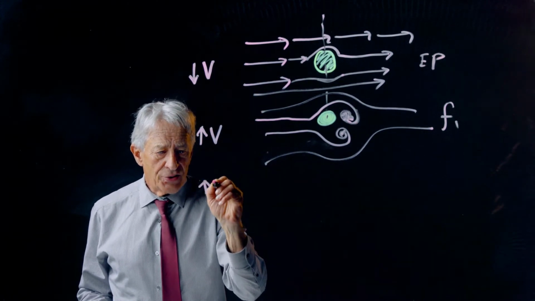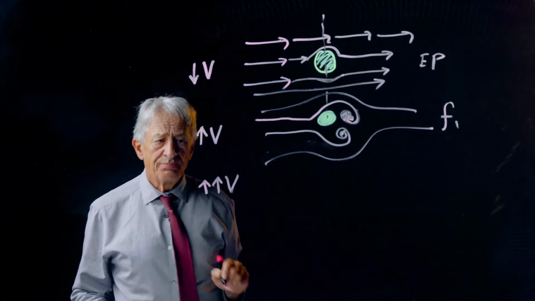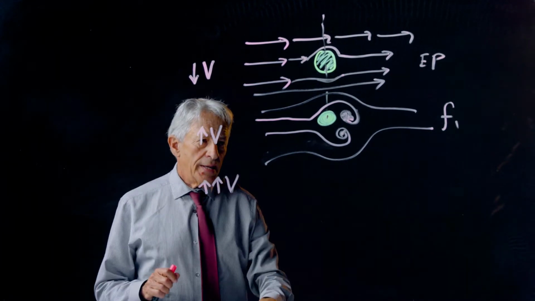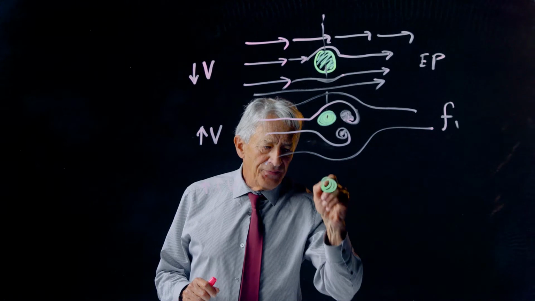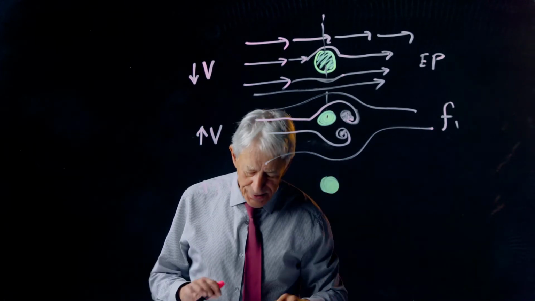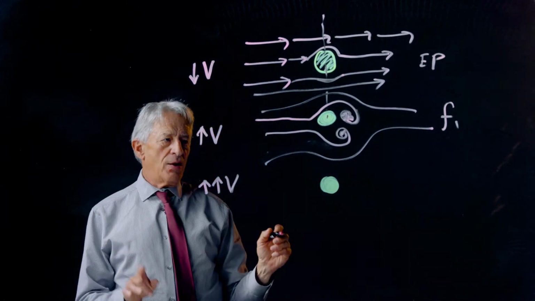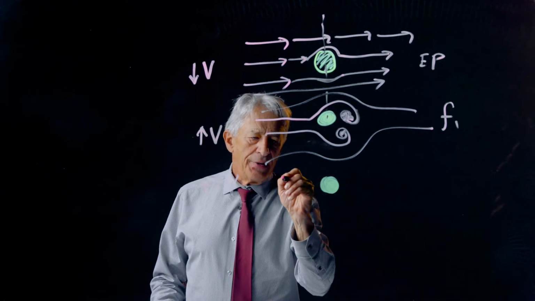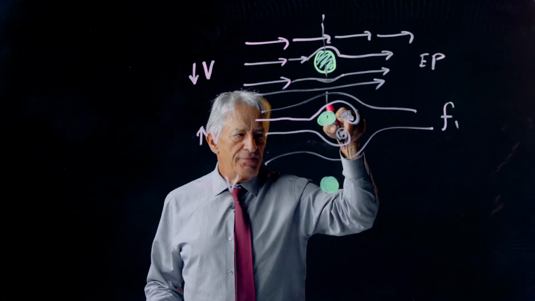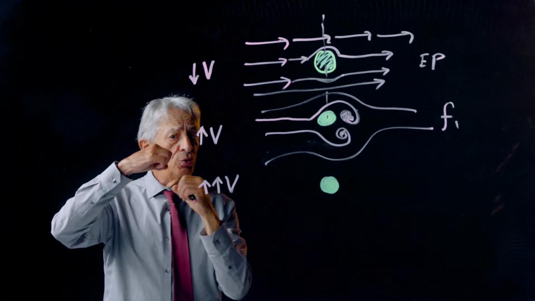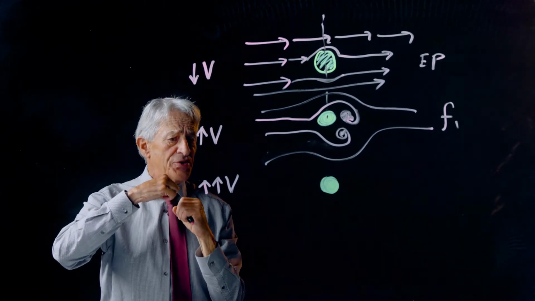Okay, let's increase this a little more. And now the flow gets a little complex, because now what you see is a pair of vortices, yes, but they're no longer standing vortices.